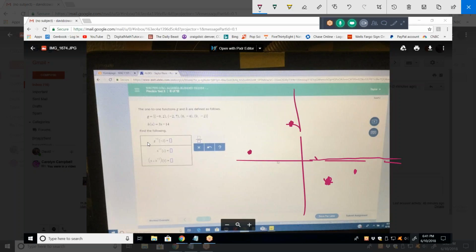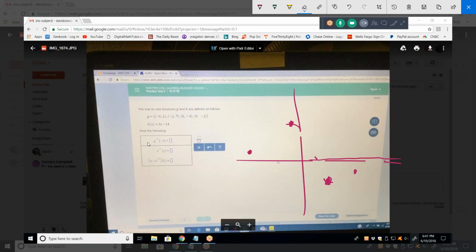Now, they want g inverse of -2. So it would be 9. Very good.